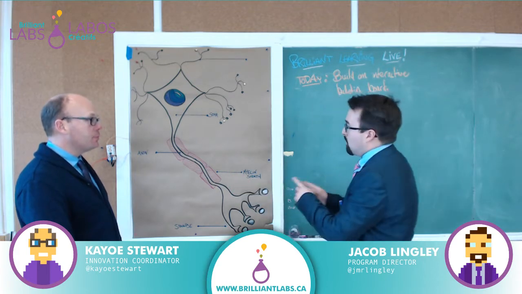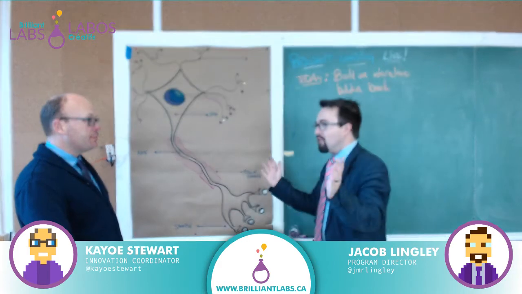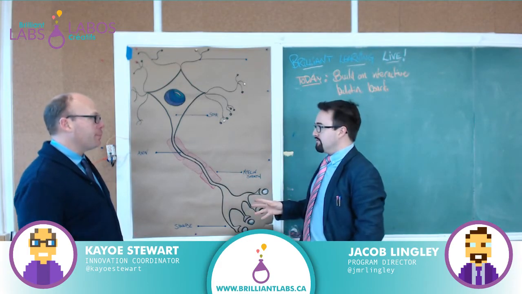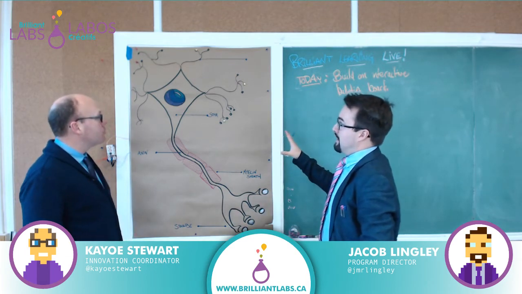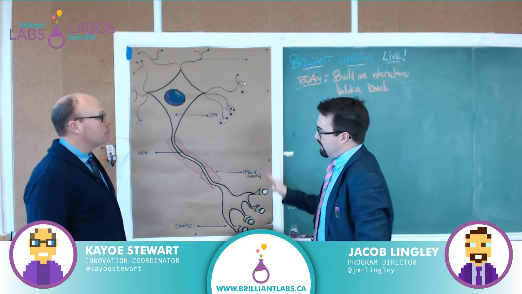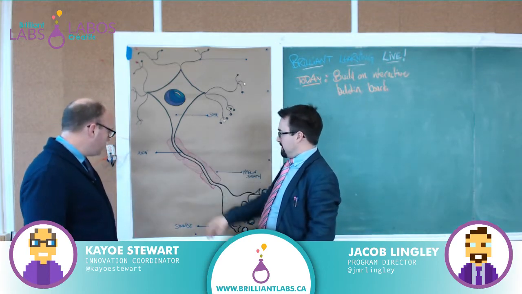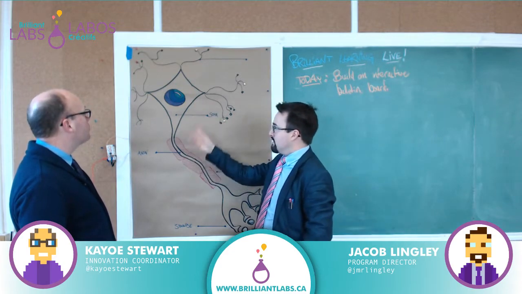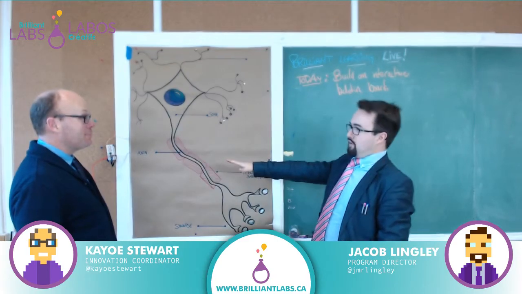And so anyway, one of those outcomes that we saw, I'm not sure if it was SEO, whatever it was, what is the basic anatomy of a neuron? And so we can kind of imagine what students might do just to make a standard bulletin board. Maybe they would draw a diagram of the neuron and then add some labels here. The synapse, the myelin sheath, the axon, the dendrites, the soma, or the cell body, the nucleus, whatever it is that they want. So we've seen this done before.